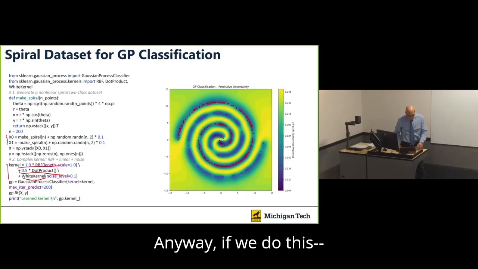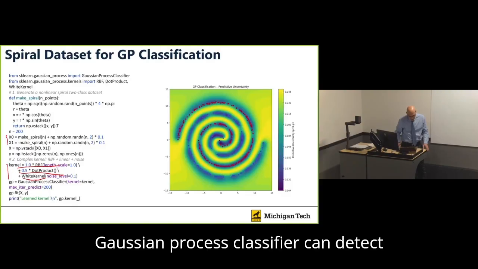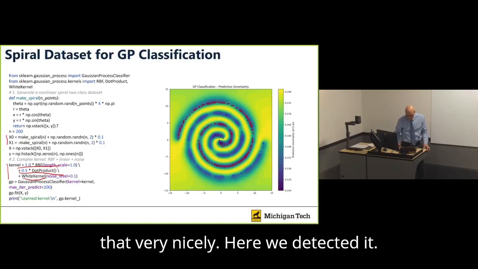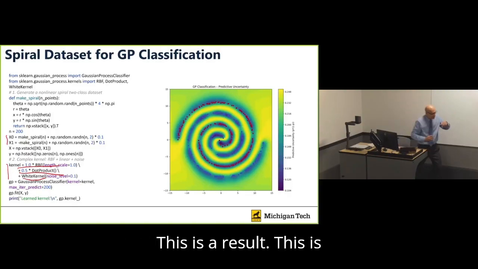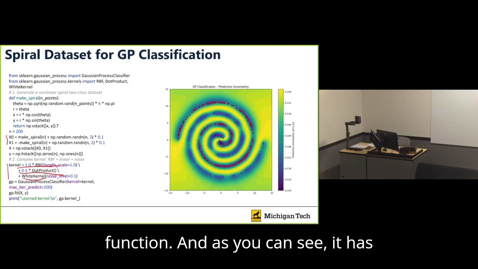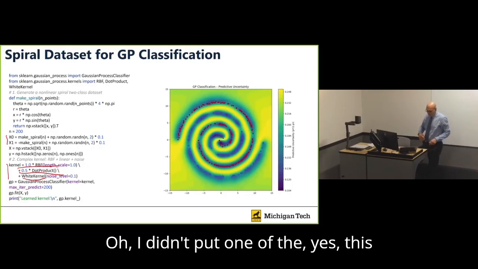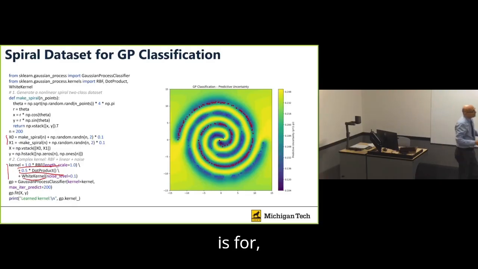Anyway, with this kernel, the Gaussian process classifier can detect it very nicely. This is the result. That's a function. If you look here, clearly, this is all function. And as you can see, it has two different functions. Or maybe I didn't put in the proper one. Oh, I didn't put one of them.